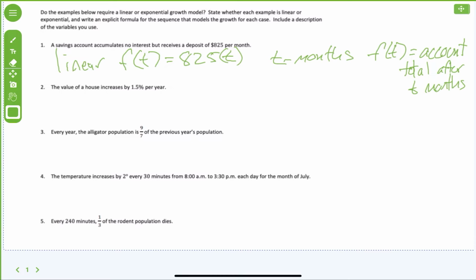Anybody not understand number one? That one's pretty easy. It's linear, right? All right. Let's go with number 2 now.